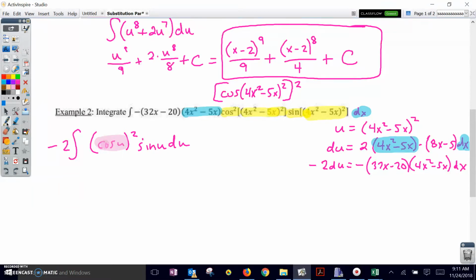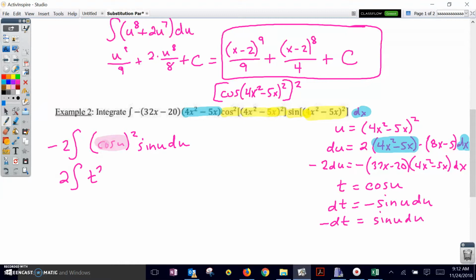I'll just go ahead and use t, since that's a variable we haven't used yet. If t is the cosine of u, then dt is negative sine of u du. And so negative dt is equal to this sine of u du. So I can bring the negative sign out in front. And this just turns into the integral of t squared dt.